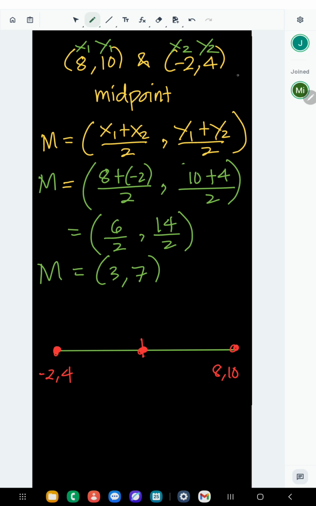And then 10 plus 4 is 14 over 2. So 6 over 2 is 3. And then 14 over 2 is 7. It's not -7. Okay? So the midpoint of number 11 is 3, 7. Okay. Okay, so no questions on this?